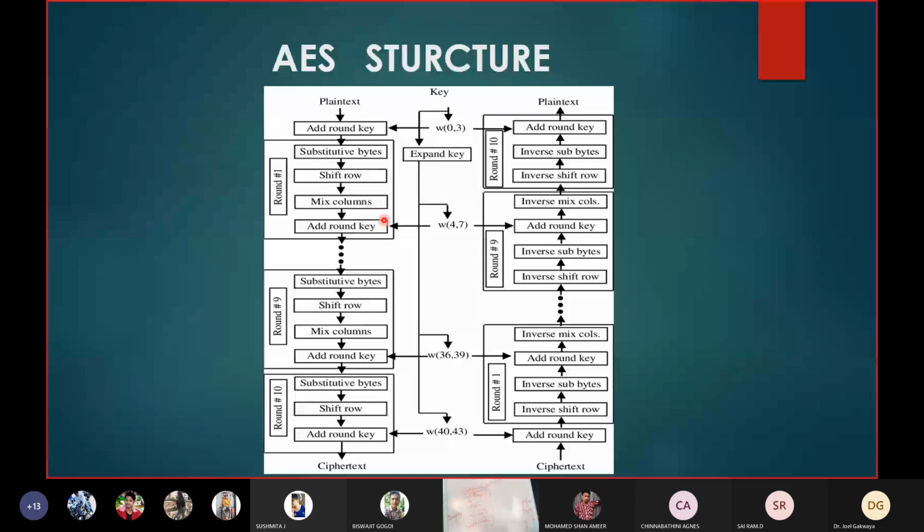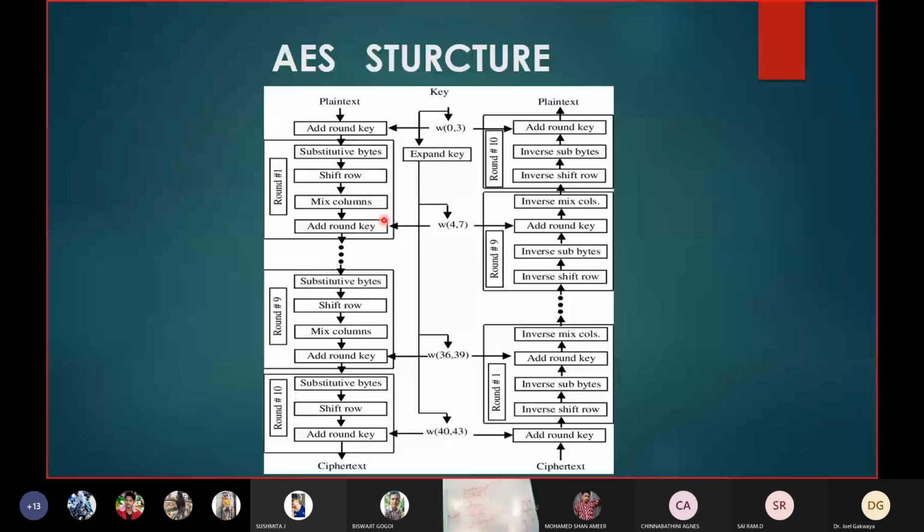When you start the second round, it starts from here, right? We are going to introduce one more key, W4 to 7. Because the key is going to keep increasing, the number of keys will depend on the number of rounds. It goes on to the last.